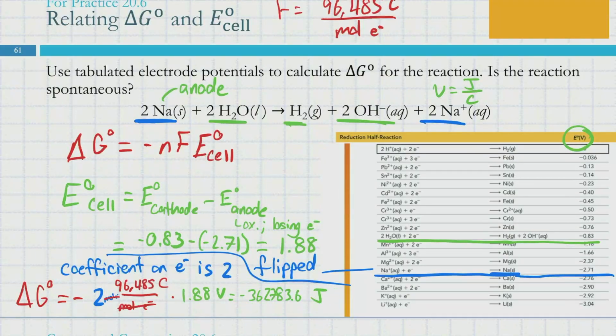Is the reaction spontaneous? Yes, the reaction is spontaneous. We've got a negative delta G. We also have a positive cell potential.